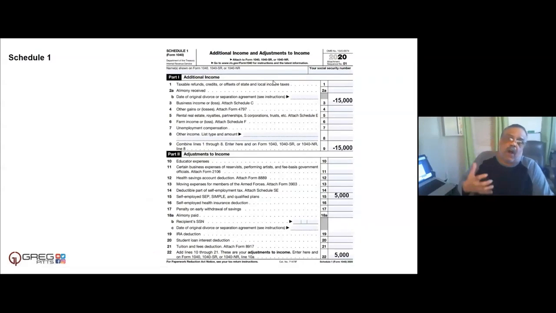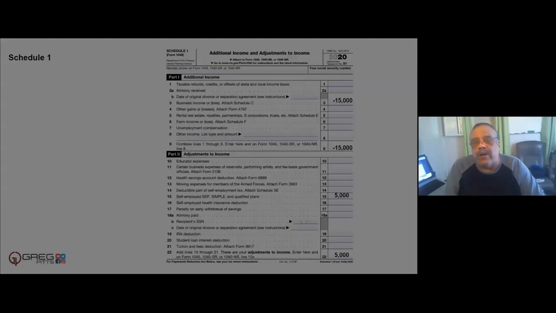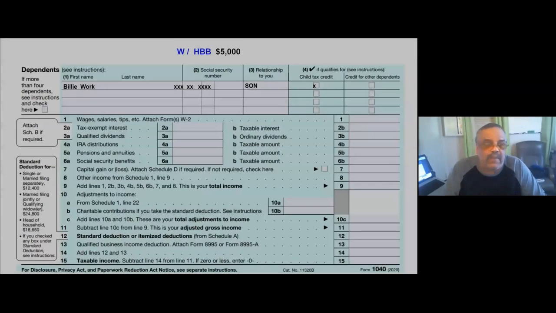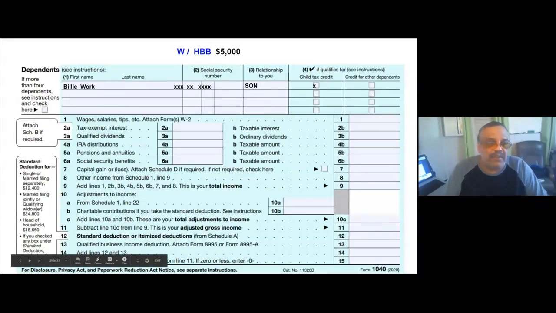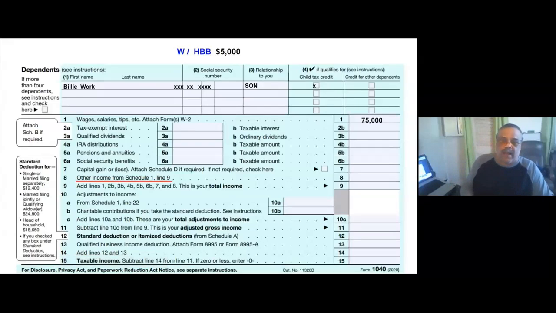This is just a holding position, or a holding paper, for when you go back to your 1040 form. When you go back to your 1040 and you start to fill out your 1040 for the year, remember you're a home-based business owner now that made $5,000, so this whole thing is going to change. You're still going to make the $75,000 from your job.